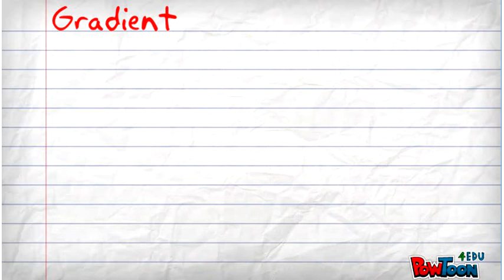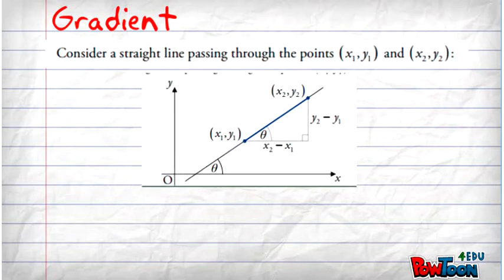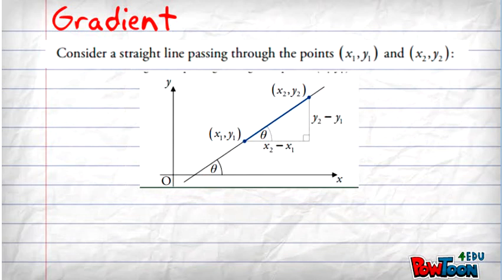Now, let's go on to consider the next concept, which is the idea of gradient, which hopefully you've come across before. Now, consider a straight line passing through x1, y1 and x2, y2.